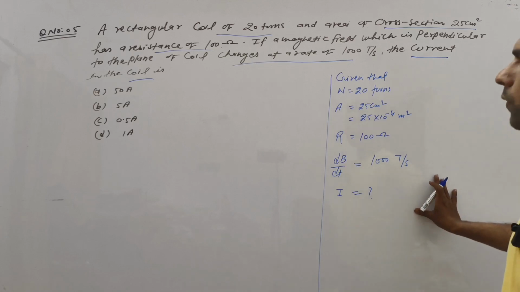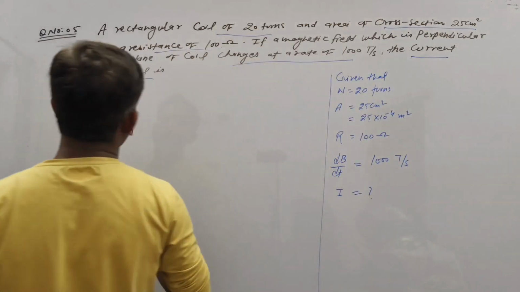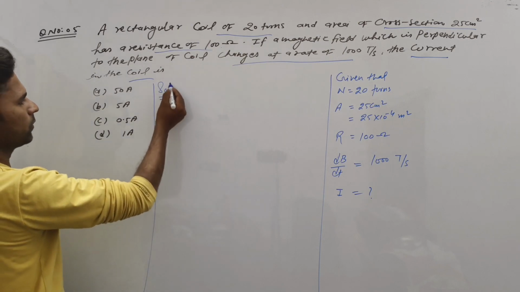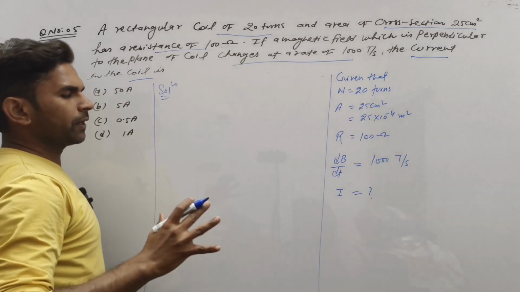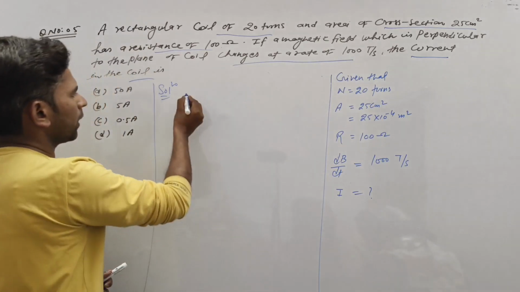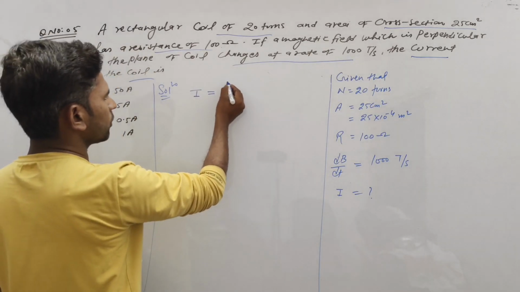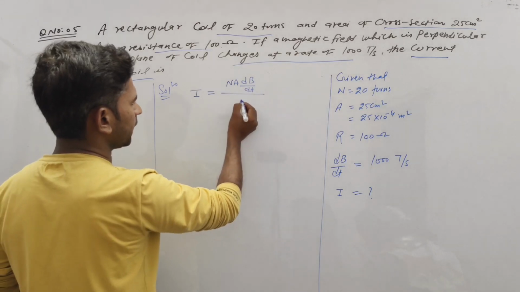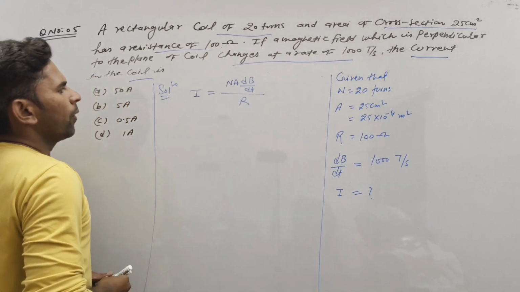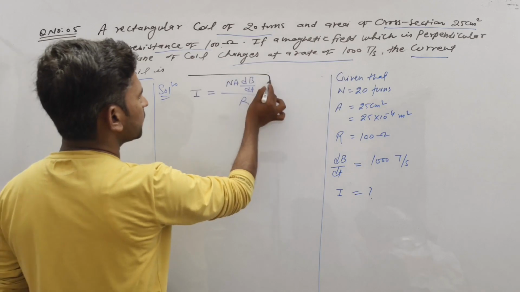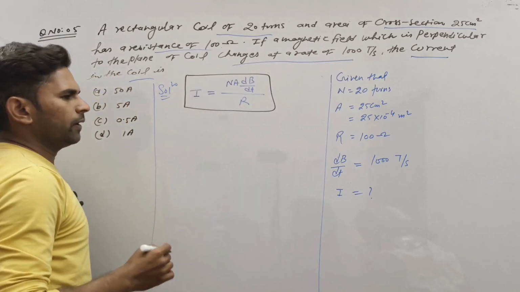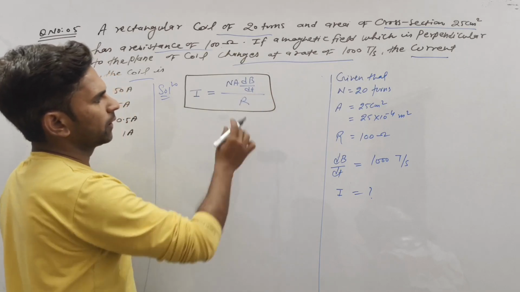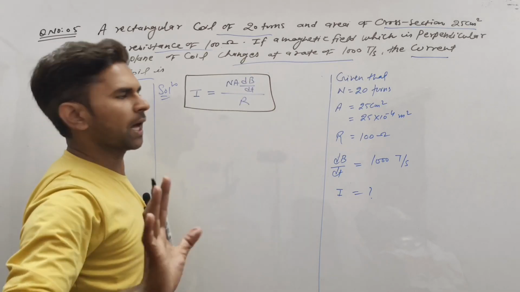So which formula will you apply here? To find the value of current, you will apply this formula: I is equal to N A dB upon dt divided by capital R. Whenever they ask the value of current and give the resistance and the change in magnetic field, you apply this formula directly.